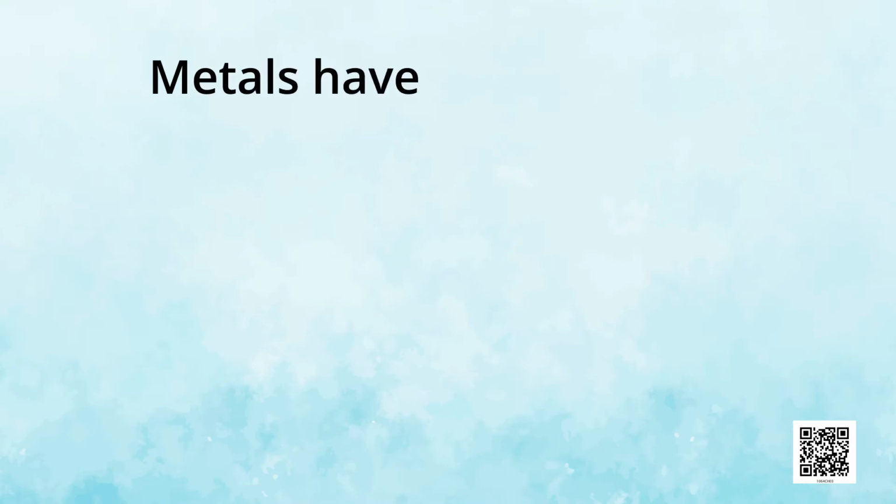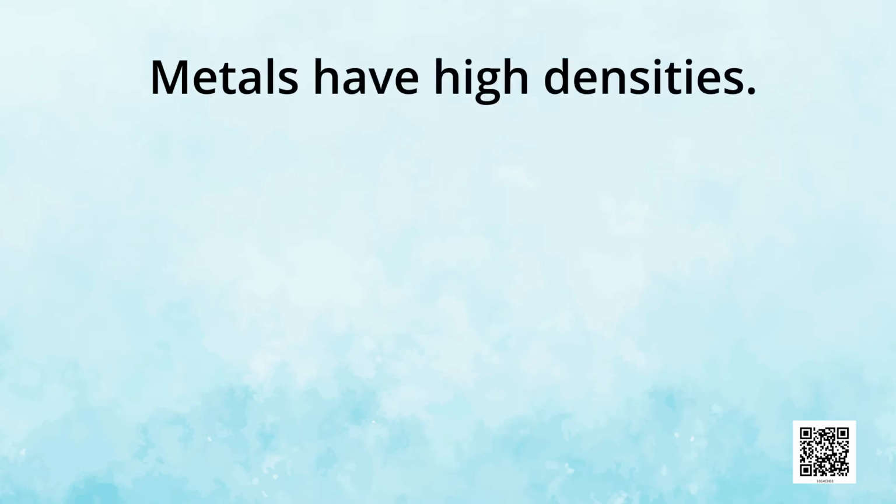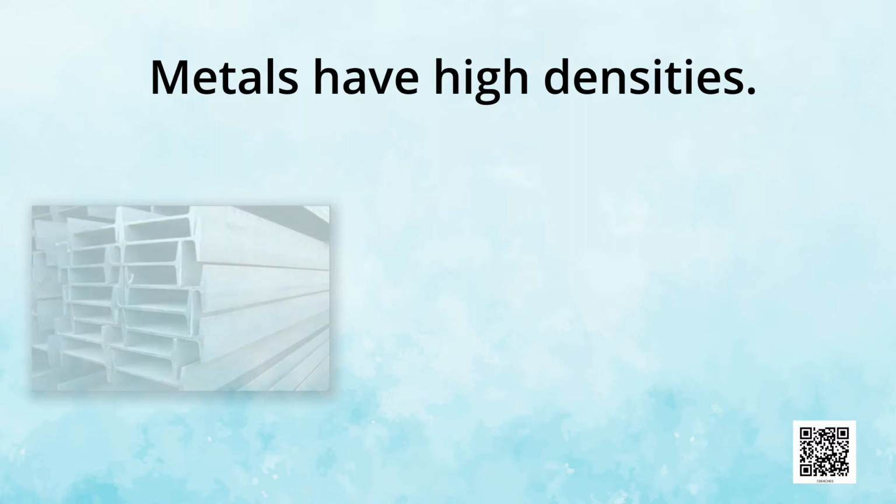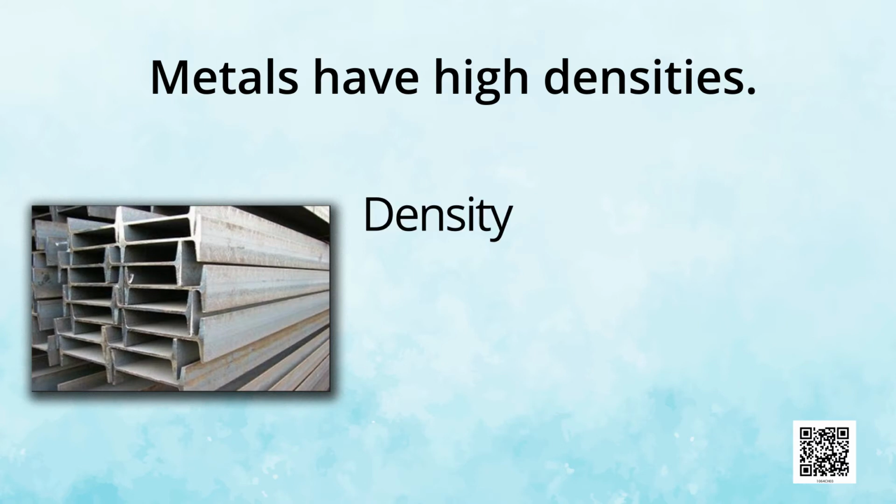Metals have high densities. That is why they are heavy substances. For example, the density of iron is 7.874 gram per centimeter cube.